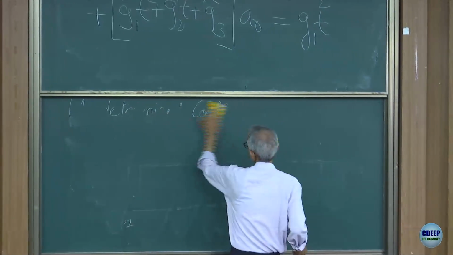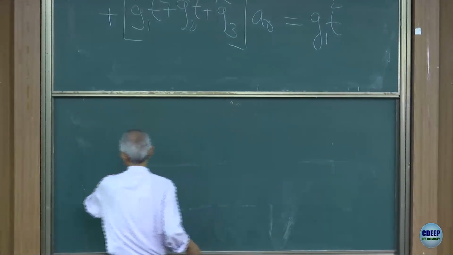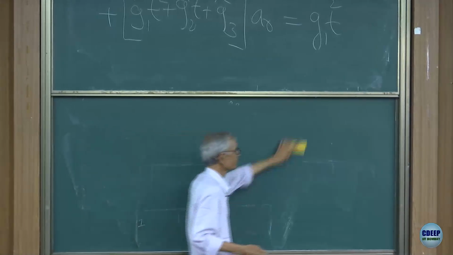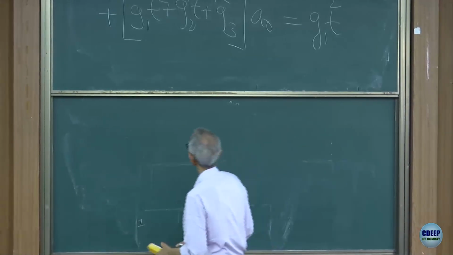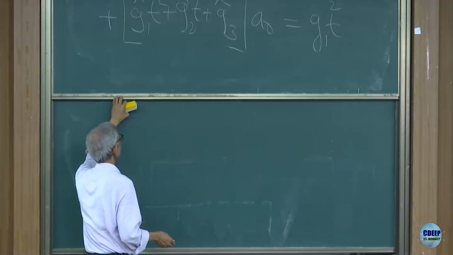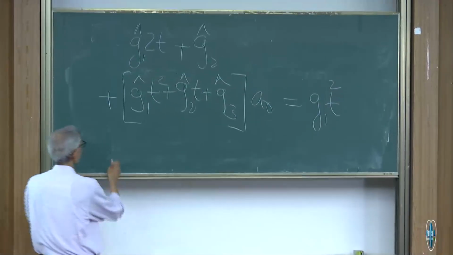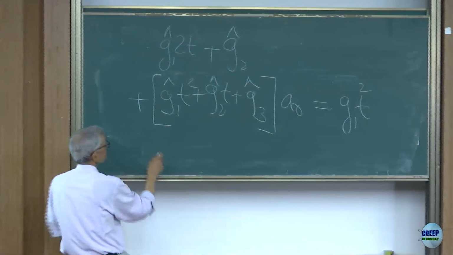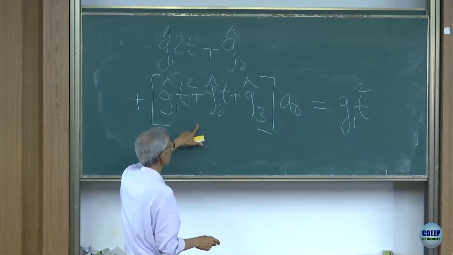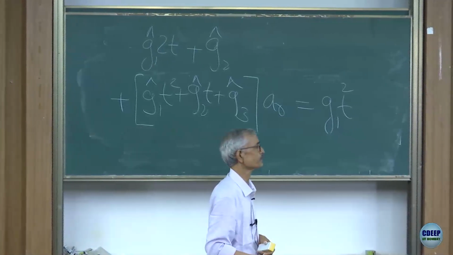So the power of the variable must be the same on both sides, and therefore we just take the coefficient. What is the coefficient of t square here?